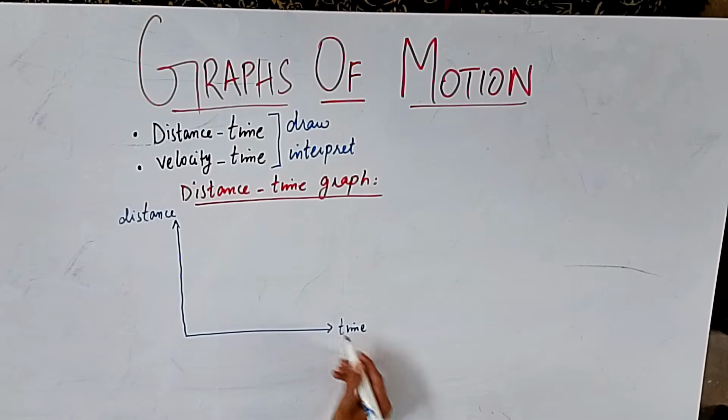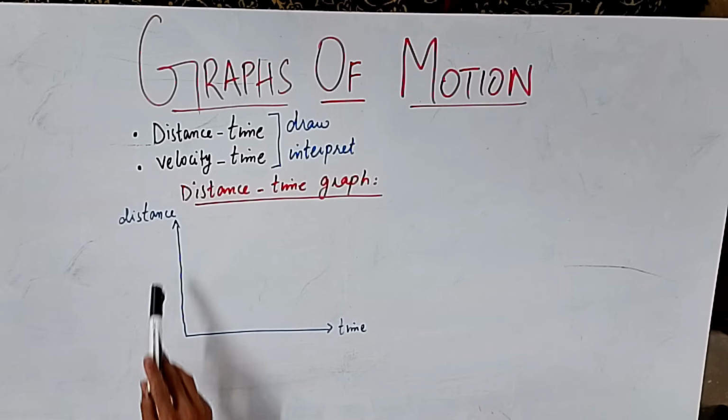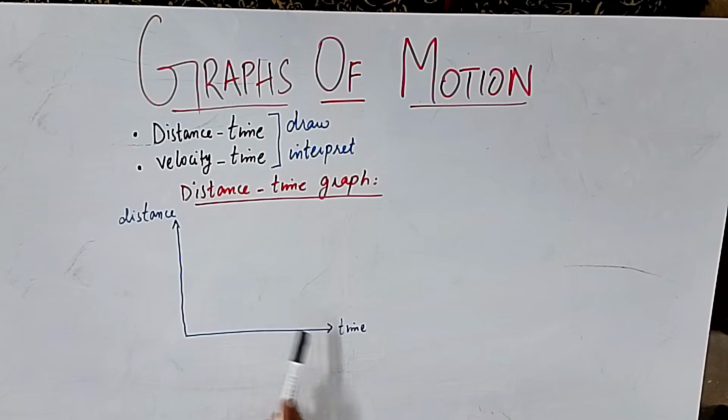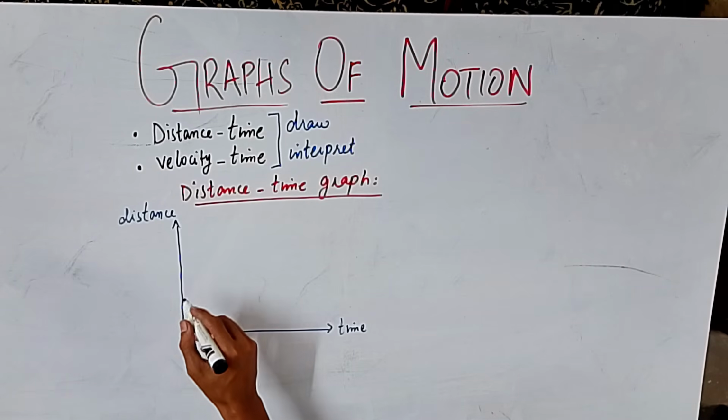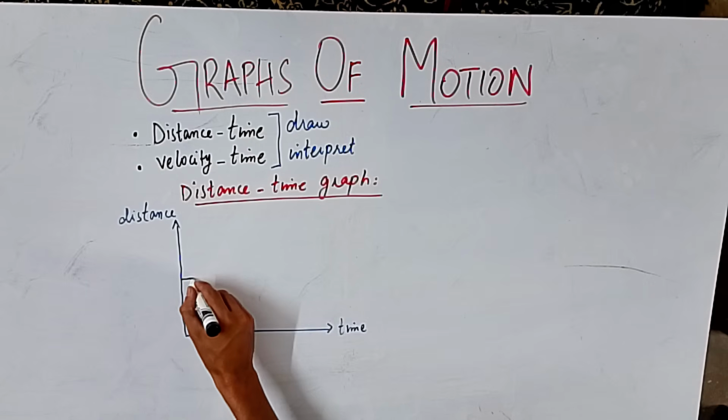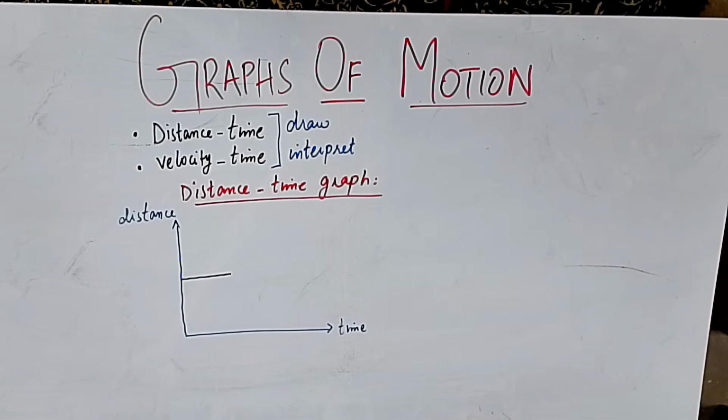Right now I'm not taking any particular value, but I will tell you a few important terms related to the distance time graph. First of all, you will put your distance on the y-axis and your time on the x-axis, and whenever on a distance time graph you see a horizontal line, what does it show?